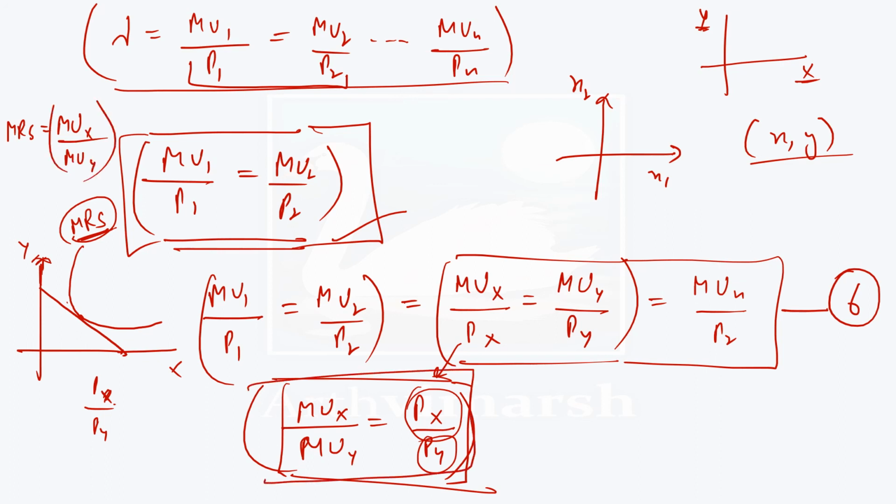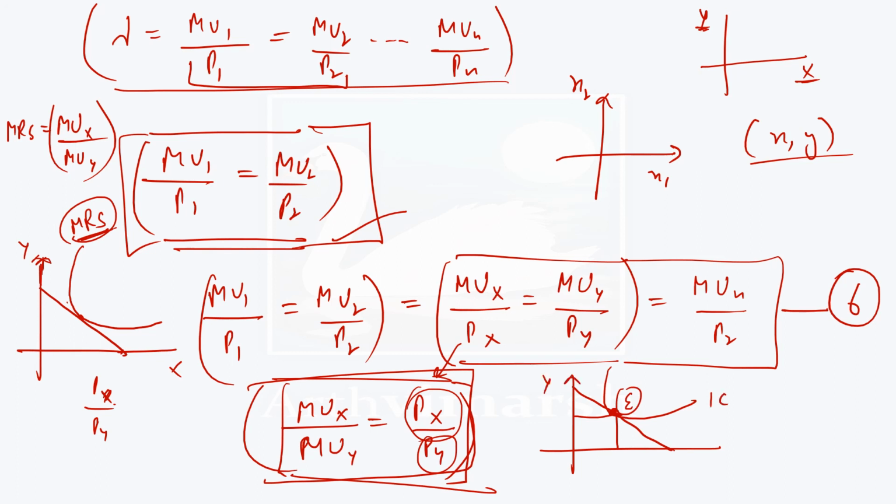And now if you can relate it with this, this condition is implying this point basically, because this is equal, right? So your MRS is equal to the slope of the budget line, which is the condition of equilibrium basically. This is the condition of the consumer equilibrium.